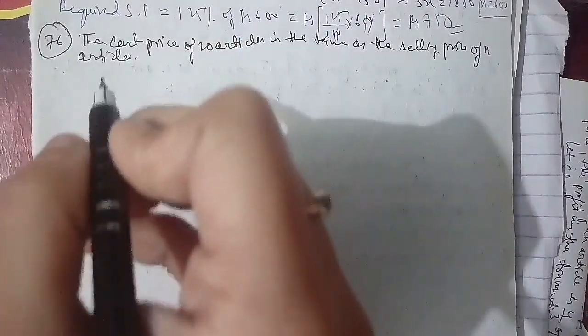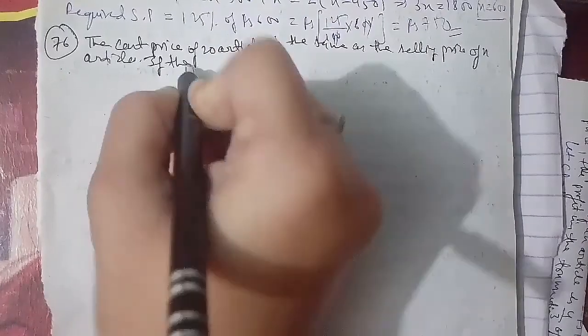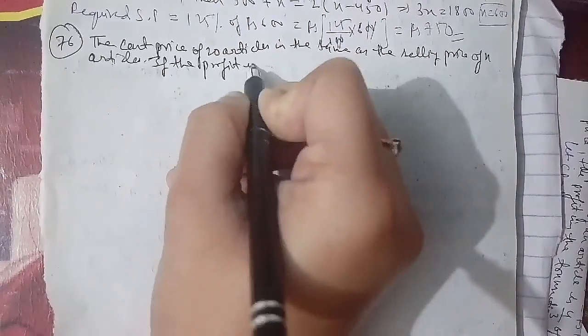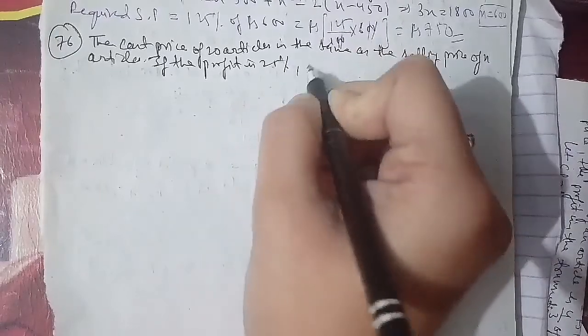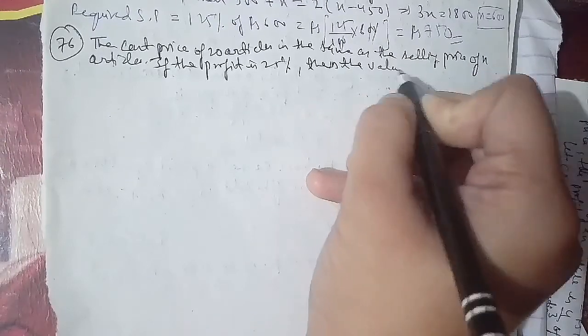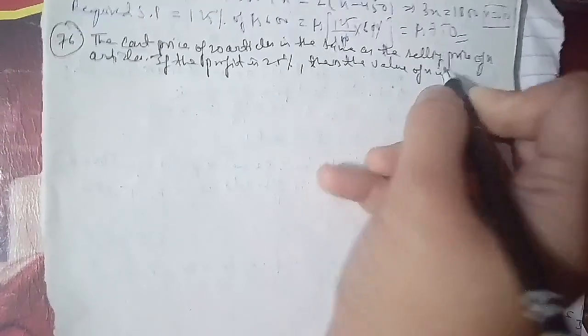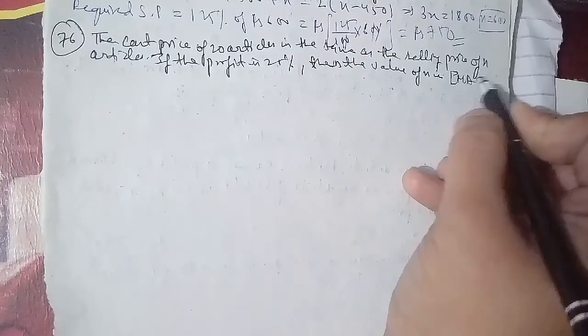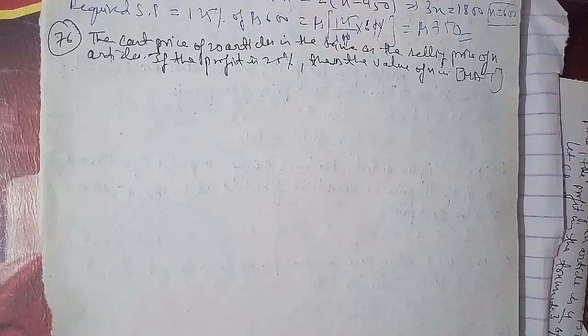If the profit is 25%, then the value of X is? That has been asked in a math examination paper. So we go ahead, the options we have are 15, 16, 18 and 25. We'll find out the solution here.